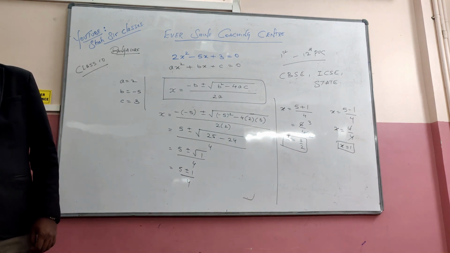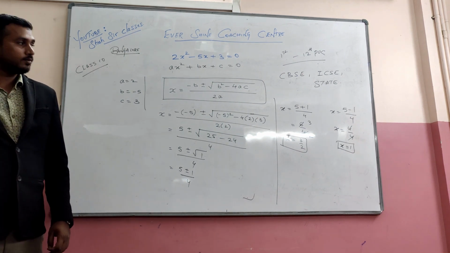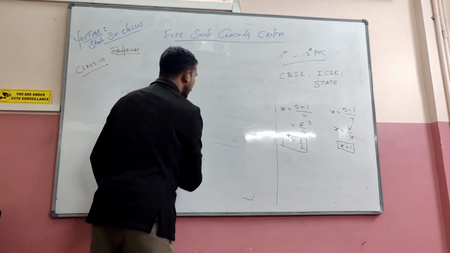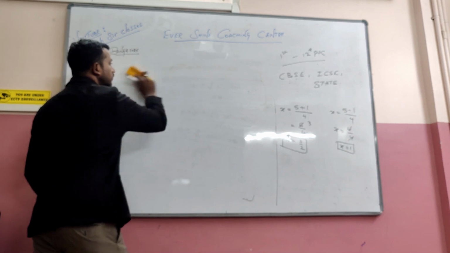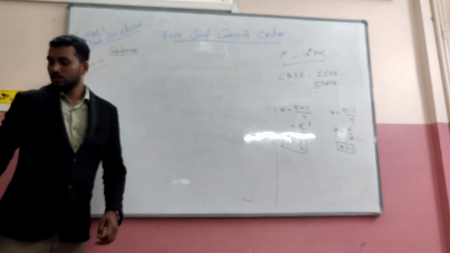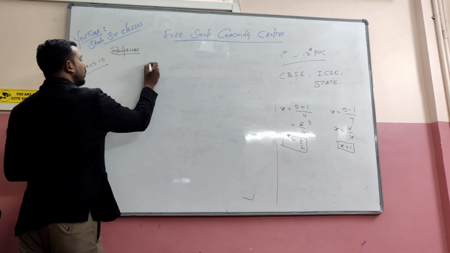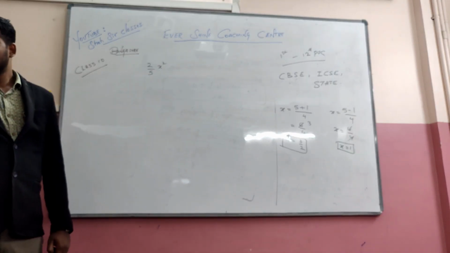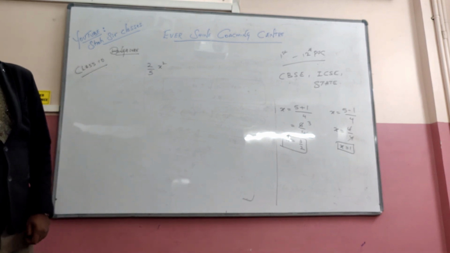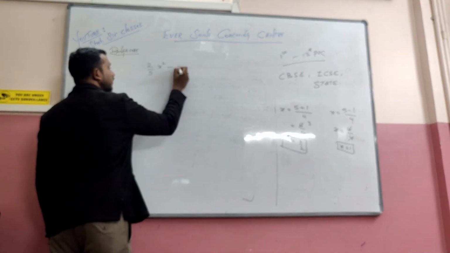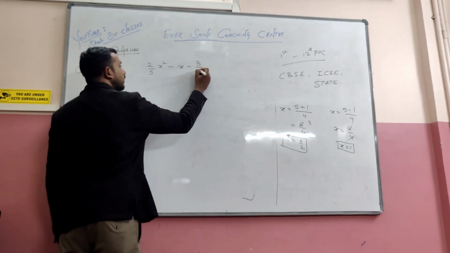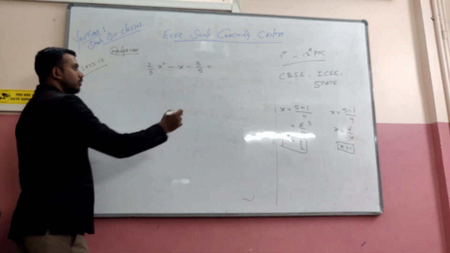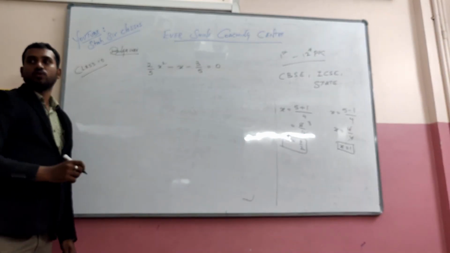Next, 2 by 5 x square minus x minus 3 by 5 is equal to 0.